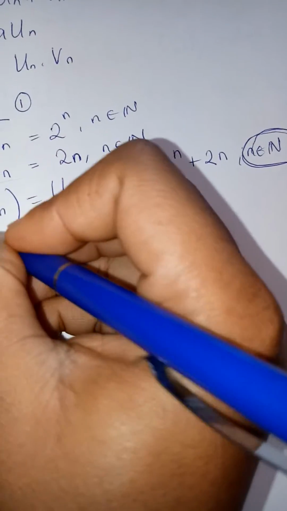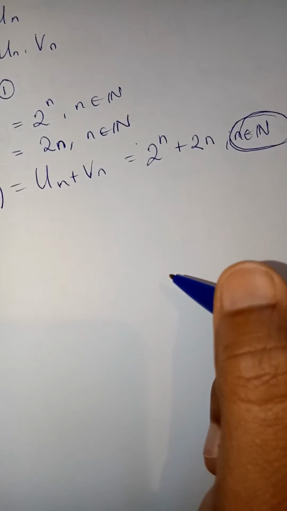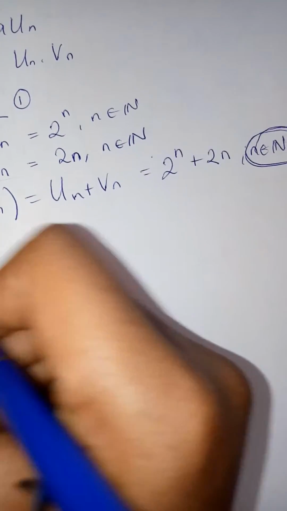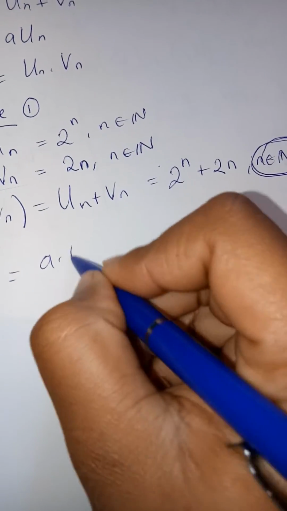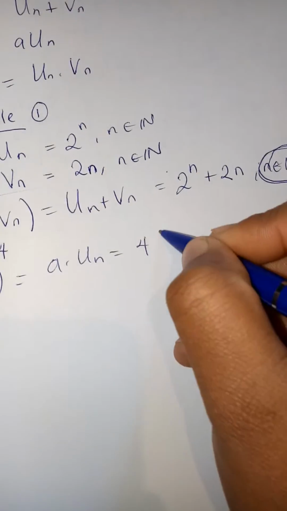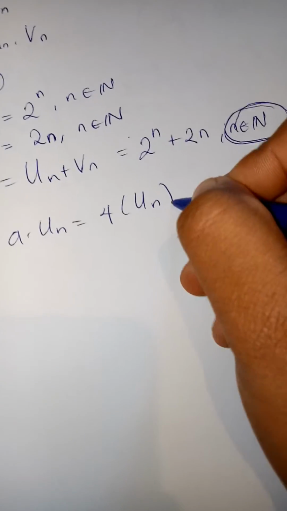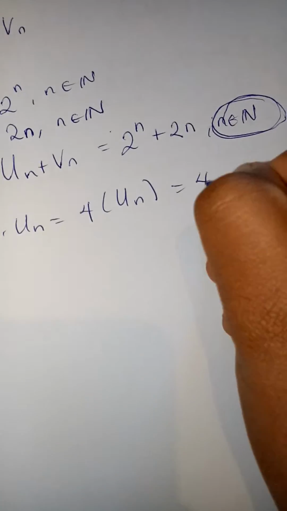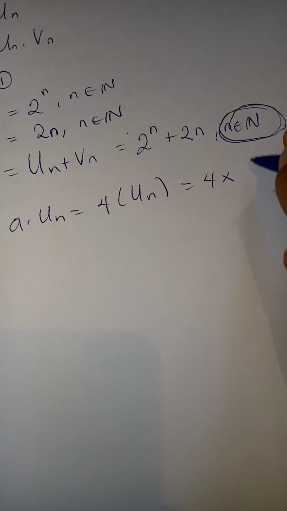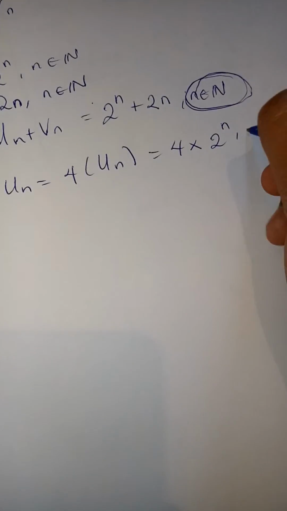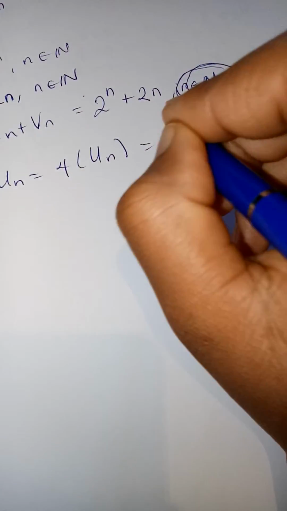Then multiplying by a constant. Let me say a is equal to 4, for example, and so I have a un, which is 4 times my suite un. So it's just me saying 4 times, what is my un? My un is 2 raised to the power of n, for n appartient à N. The same thing applies for the multiplication.